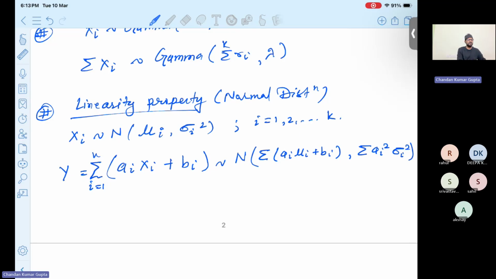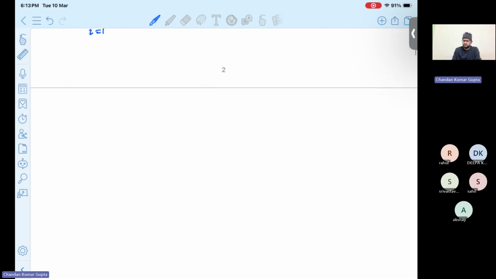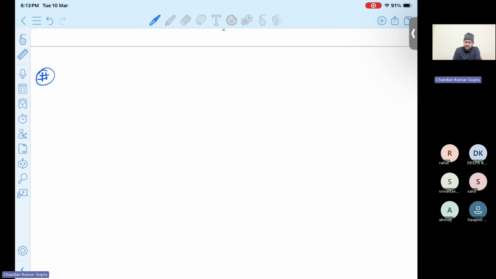Okay, that has already been discussed in the previous week. Now we have some more formulas, like the variance of summation of Xi, i from 1 to n.